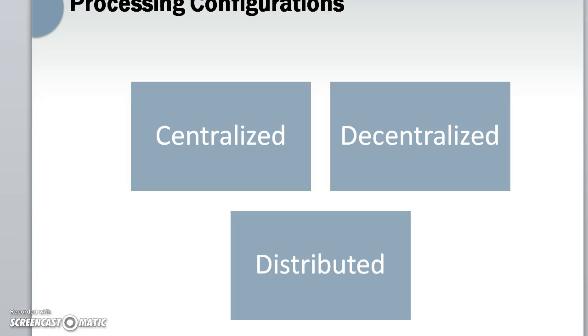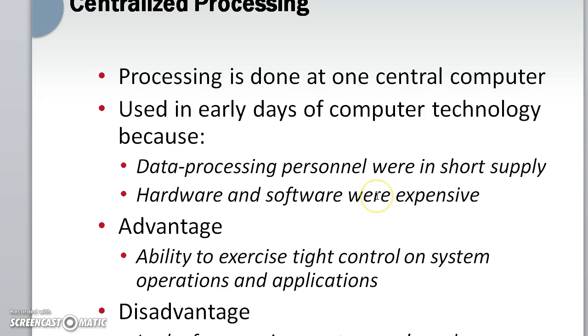In terms of process configuration, we have three types: centralized, decentralized, and distributed. So what's centralized processing? Centralized processing is done at one central location.